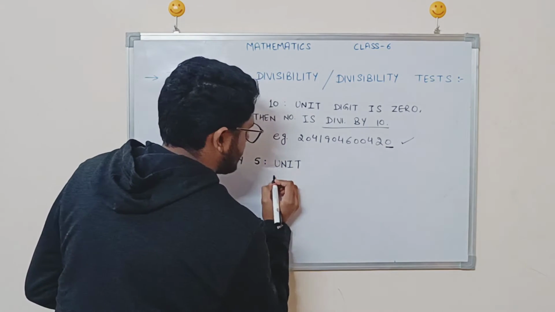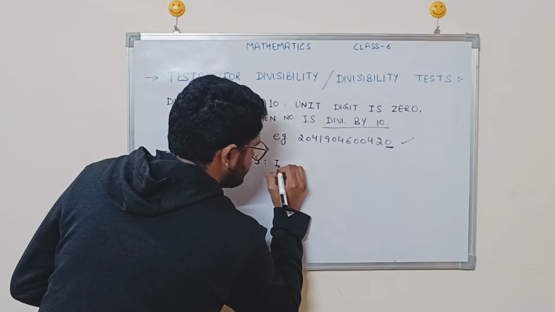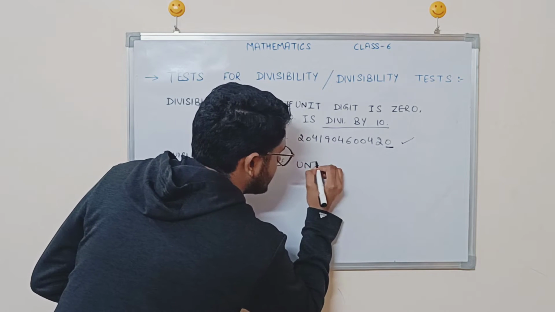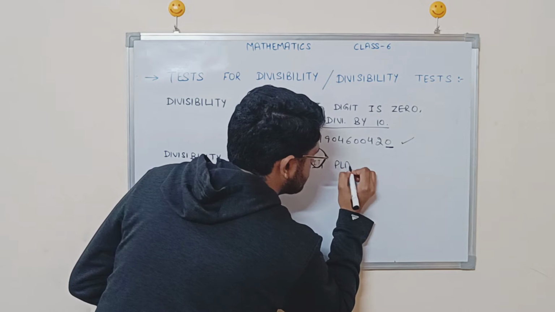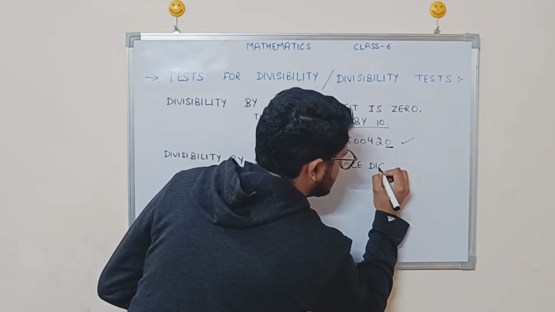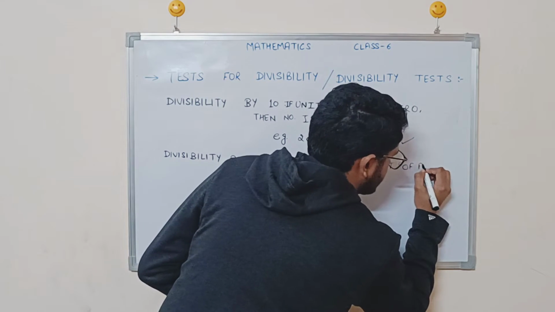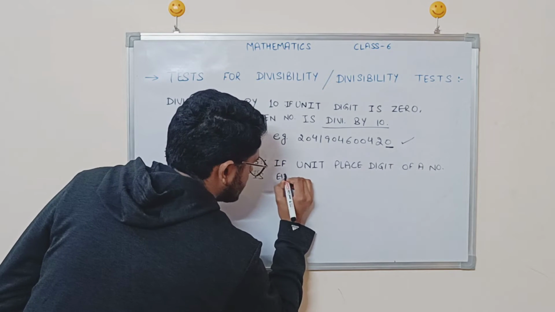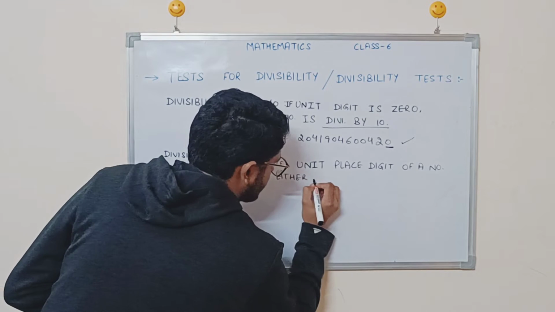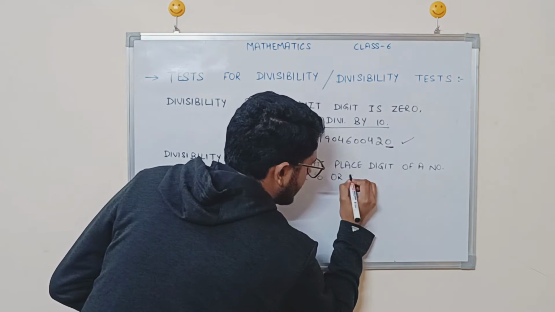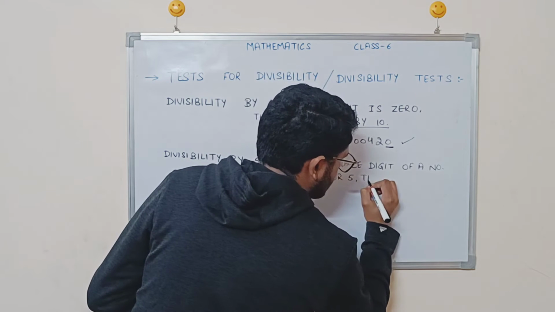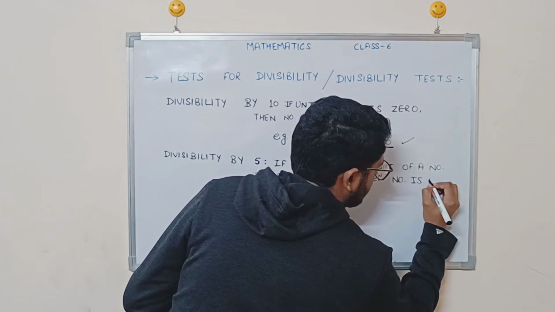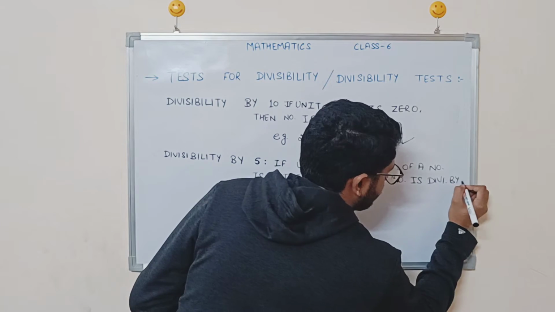It says that if the unit place digit of a number is either 0 or 5, then the number is divisible by 5.